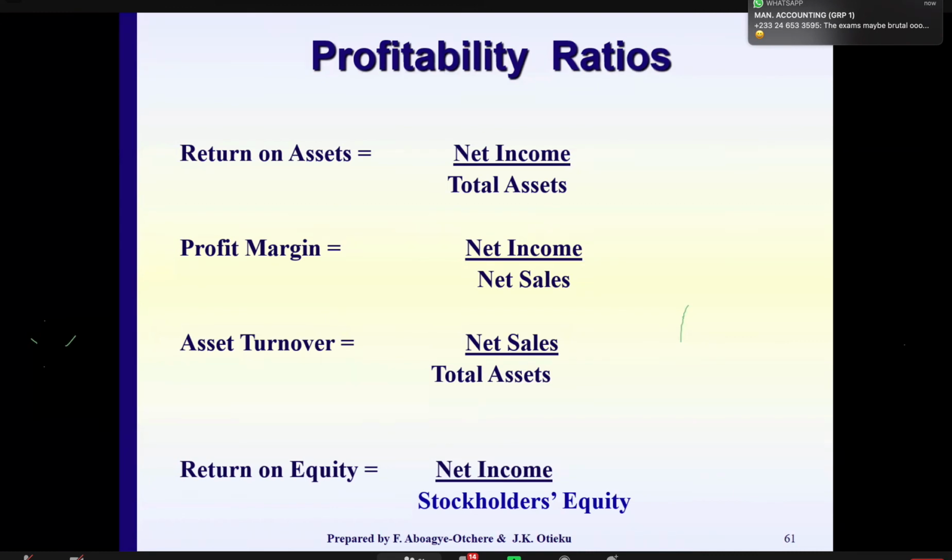Melissa. Yeah, it's revenue minus expenses. Anybody else? Yeah, George.